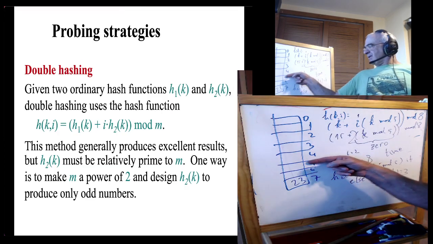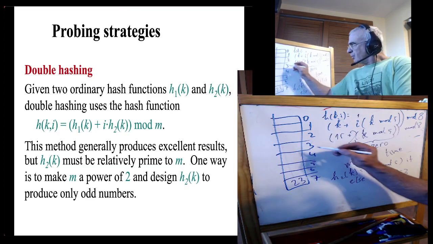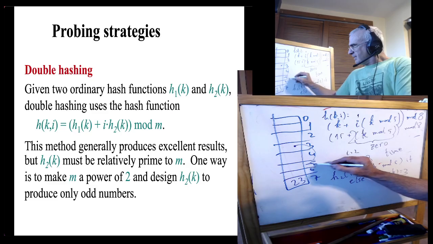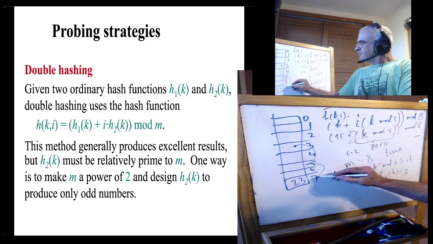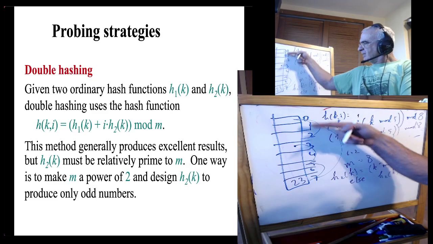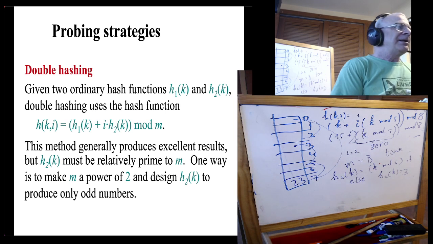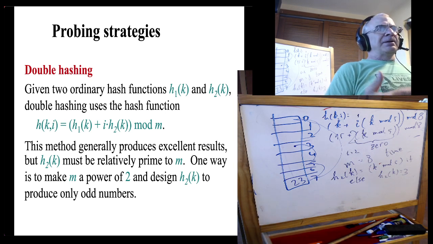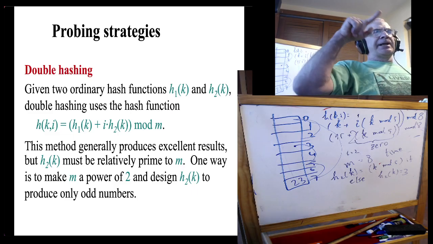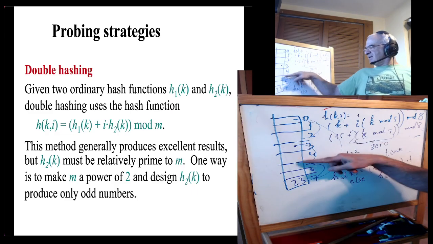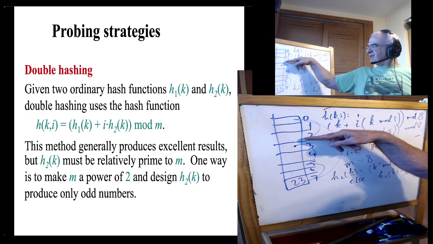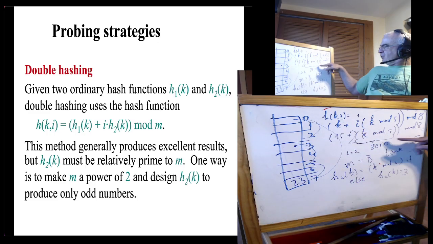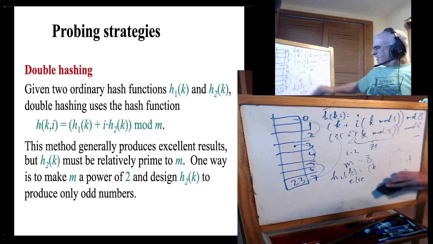I'm only inserting into the even places until I'm coming back and returning to the very same number. So it might be that I'm performing the same sequence of probes, right? Let's make it easier.